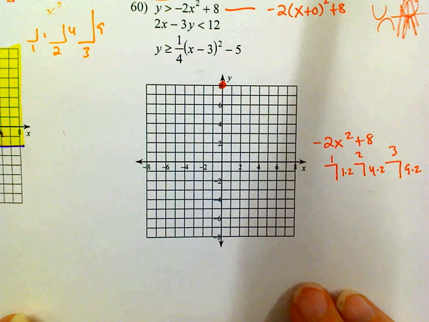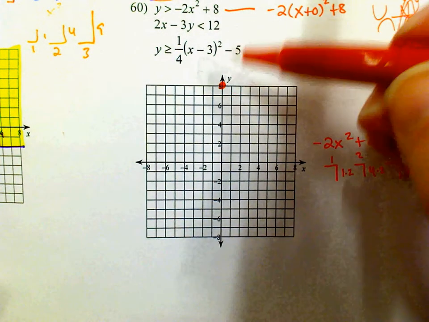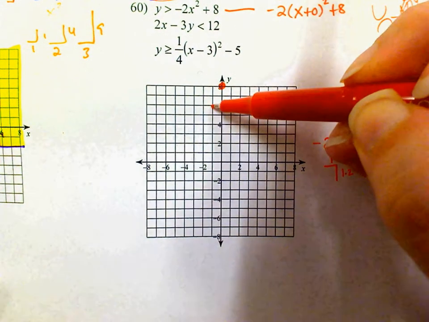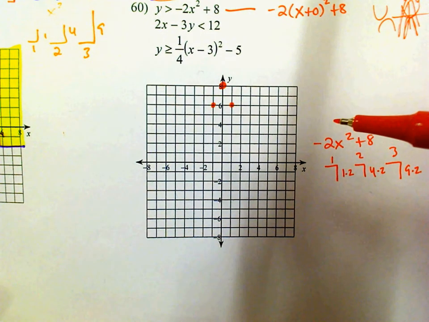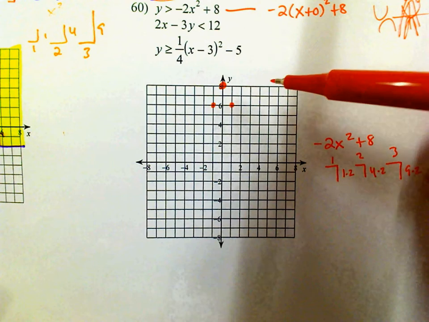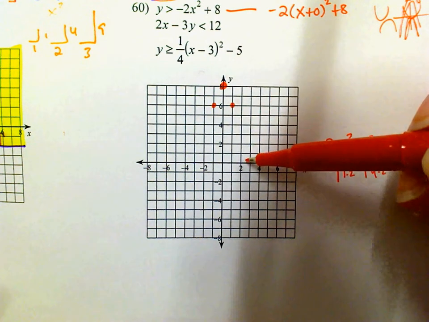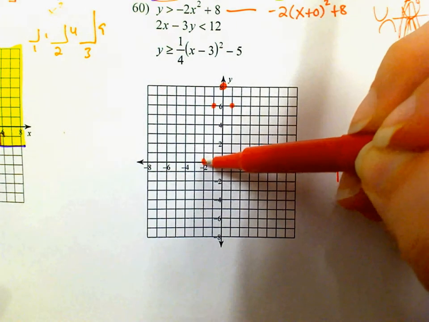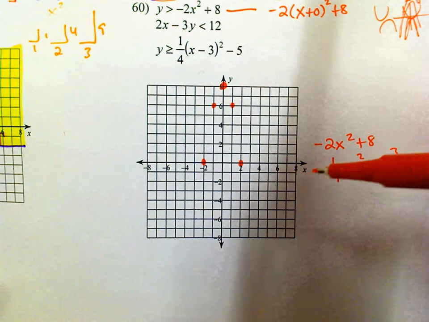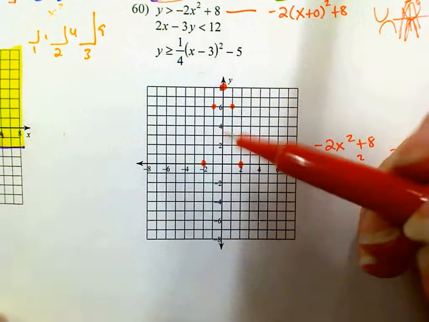So I'm going to go to the right one and go down 2, and left one and go down 2. I'm going to go to the right 2 and go down how many? 8, so that puts me at 0. Am I going to be able to see 18? Nope. So I just need to do the best I can. Solid or dotted line?